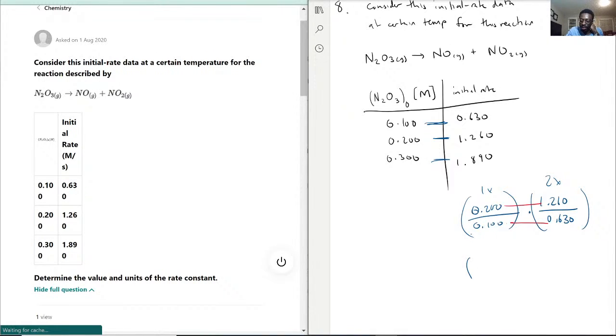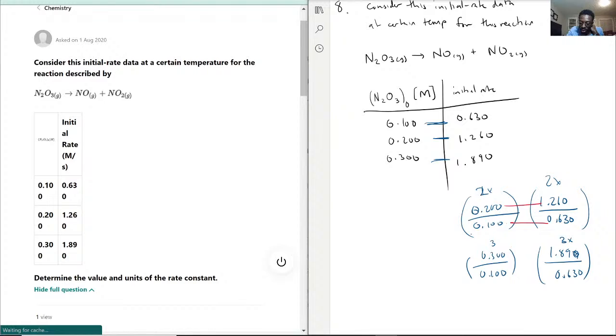So this is the 1 to 3 jump. Okay, so we have 0.100 and 0.300, and we now have 1.890 and 0.630. And if you actually put this in your calculator, you see that this is actually now 3 times.